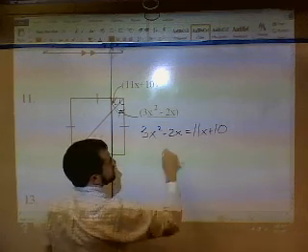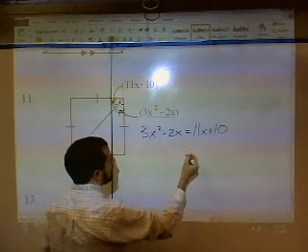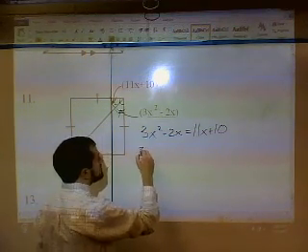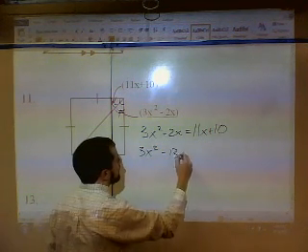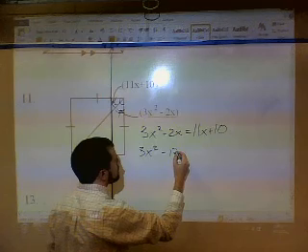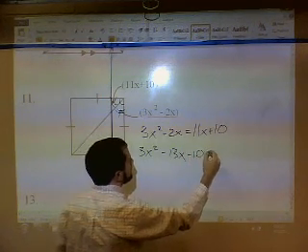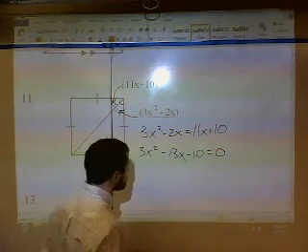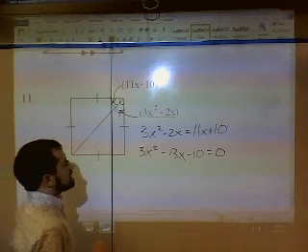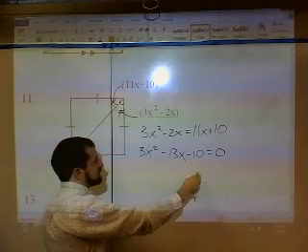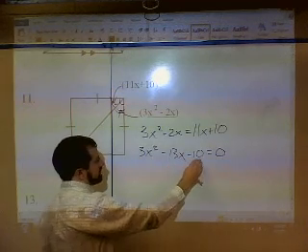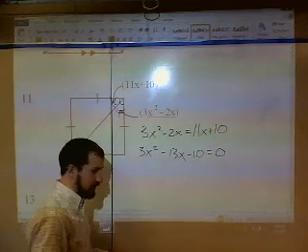So subtract 11x from both sides, subtract 10 from both sides: 3x squared minus 13x minus 10 equals 0. Now we really can't factor this 3 out of all of these terms. This term is not divisible by 3. This term is not divisible by 3.